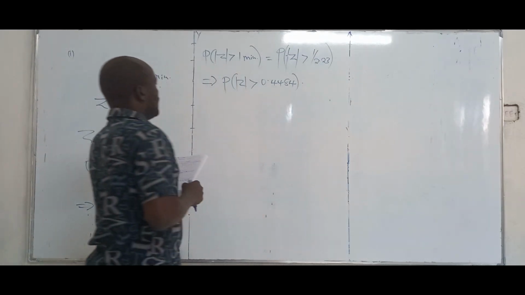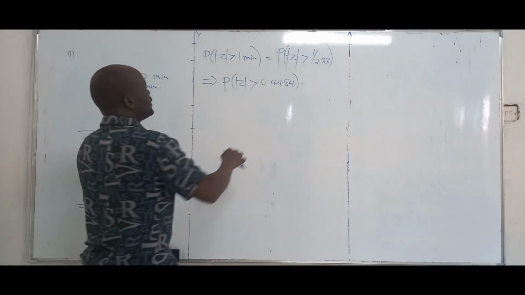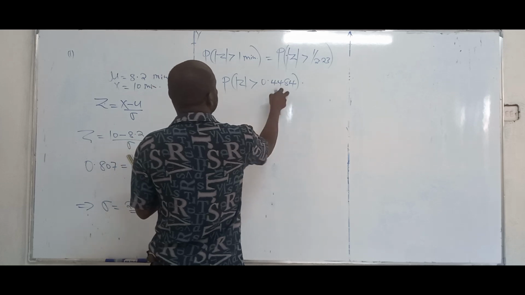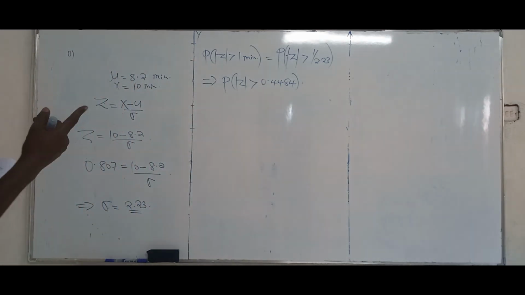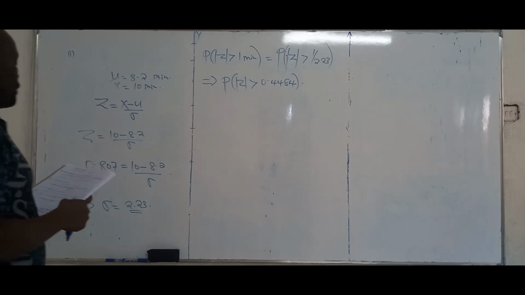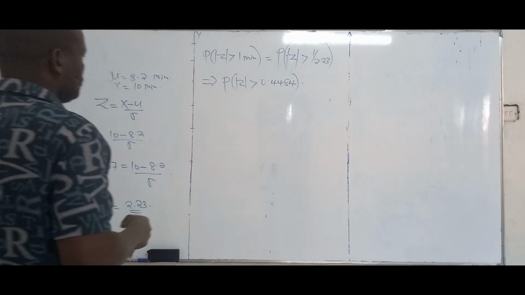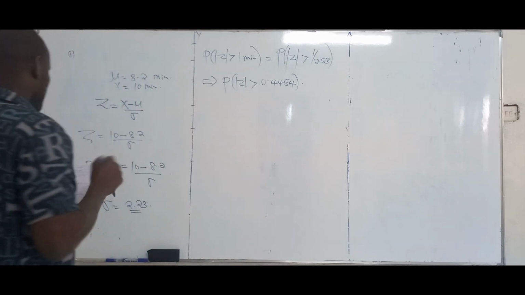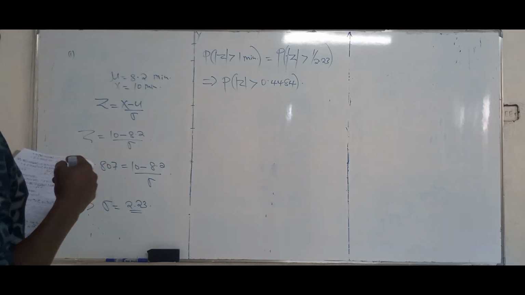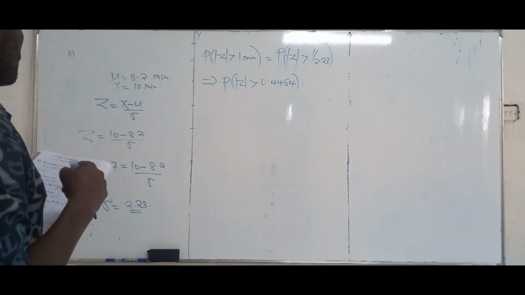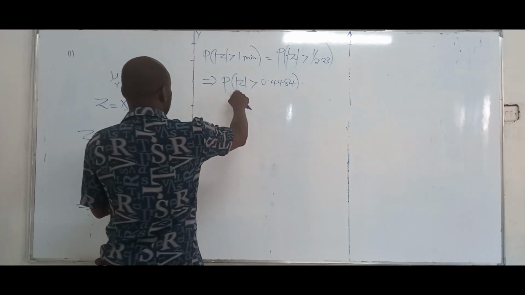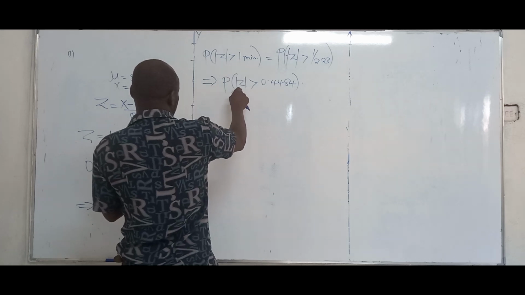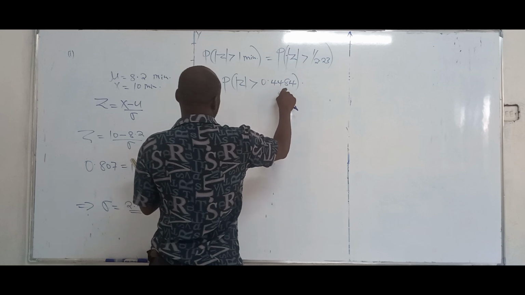And so what we are given here is the probability where the absolute value here is greater than this. So for us to find the corresponding z value, we need to read this value from the table again, so that we see what probabilities it corresponds to. Because here we are saying that the positive value of z is greater than 0.4484.